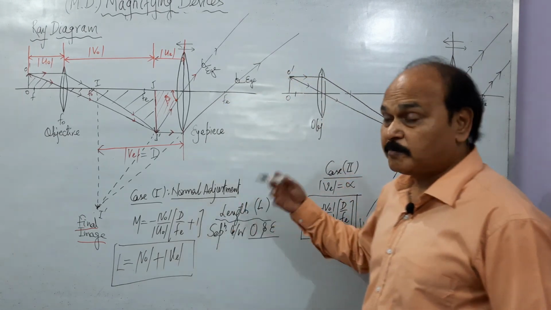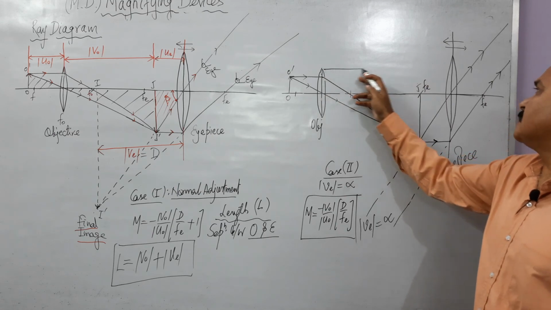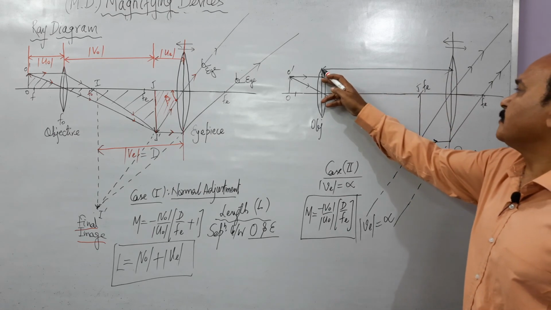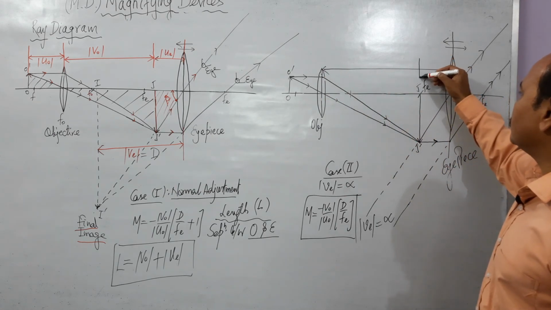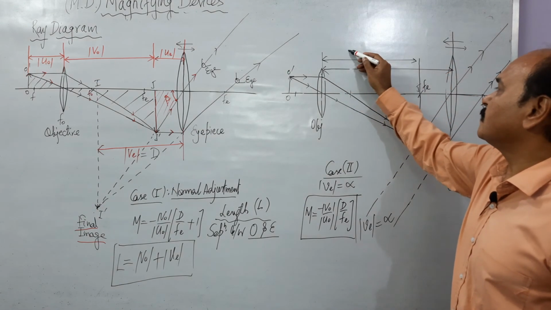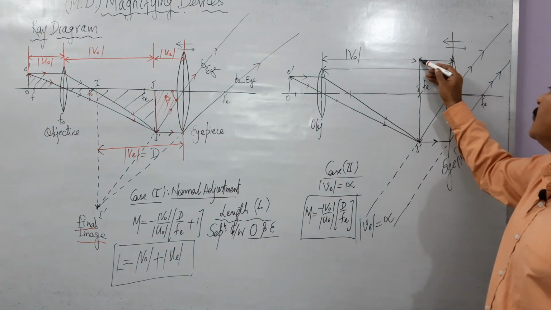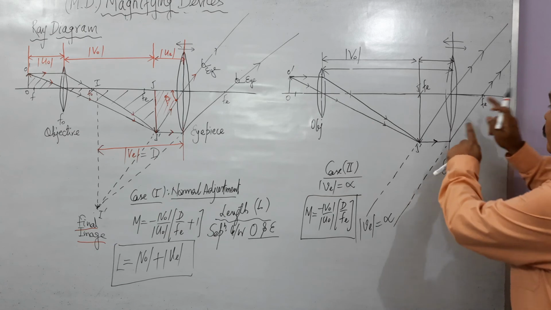And in situation number 2, where the final image is seen at infinity, what is the length? The length is this separation, and this separation is going to be v naught, the distance of the image from the objective, and this distance, which is u e, is now equal to the focal length of the eyepiece.